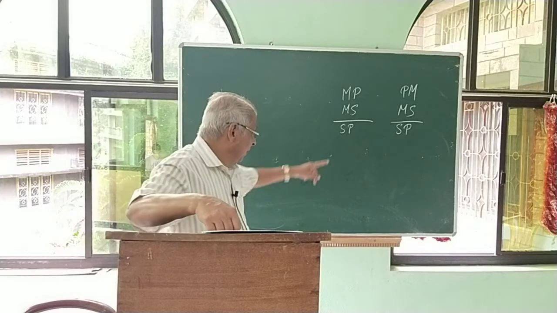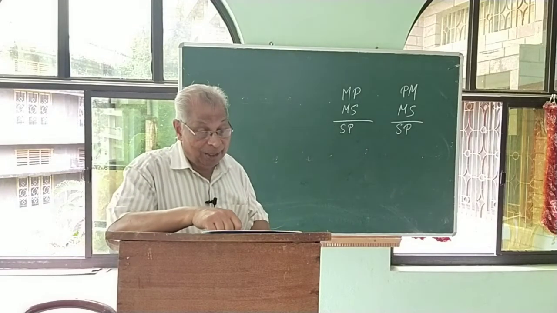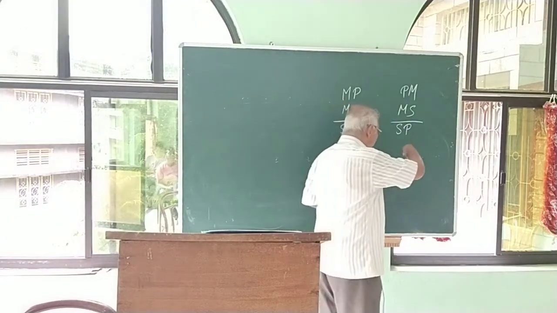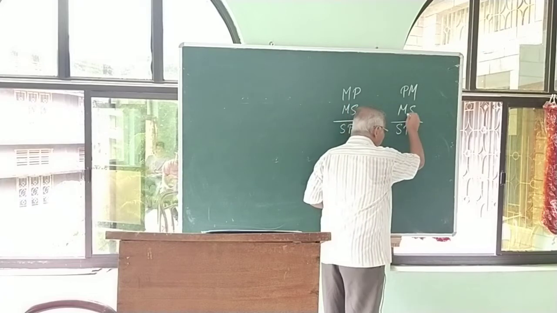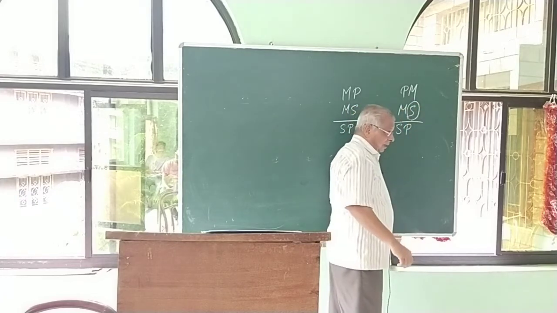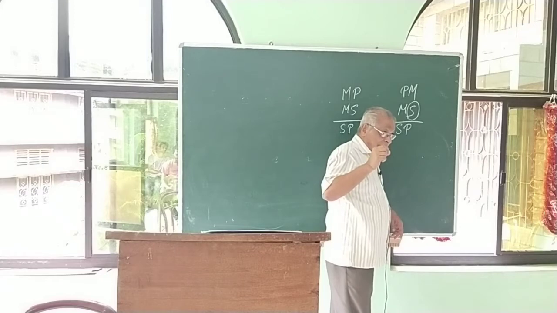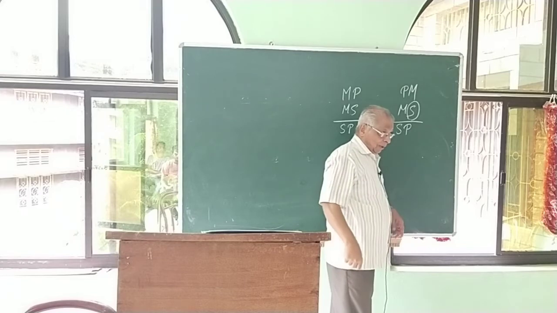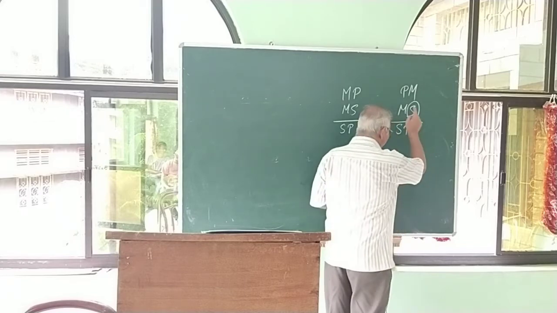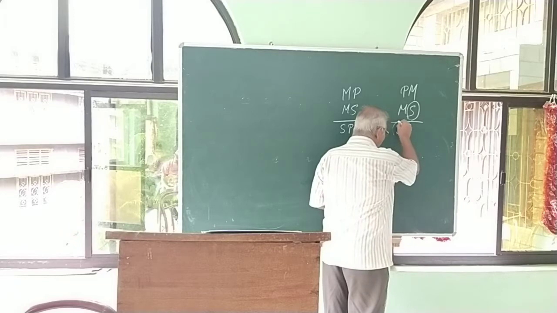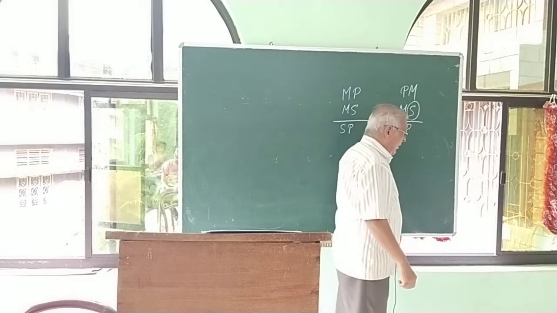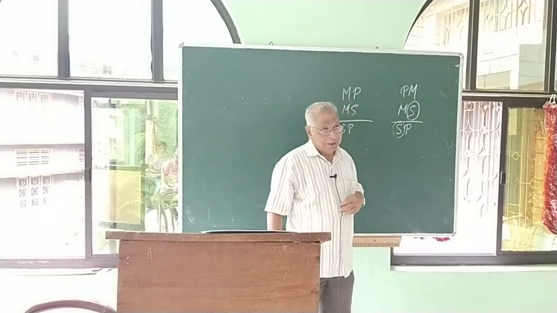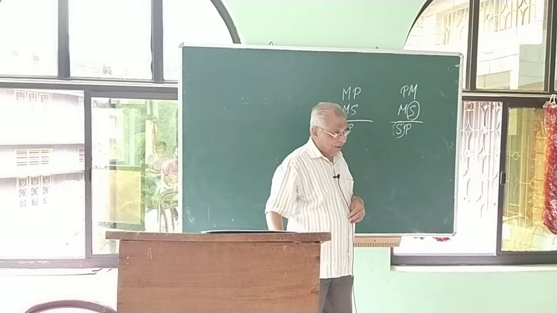So if the minor premise is affirmative, the conclusion will be particular, because the predicate of affirmative propositions are always particular or undistributed. If this is particular, this also has to be particular. That is equal to saying that the conclusion has to be a particular statement, not universal.